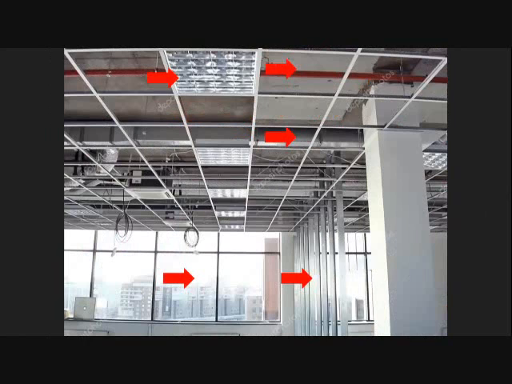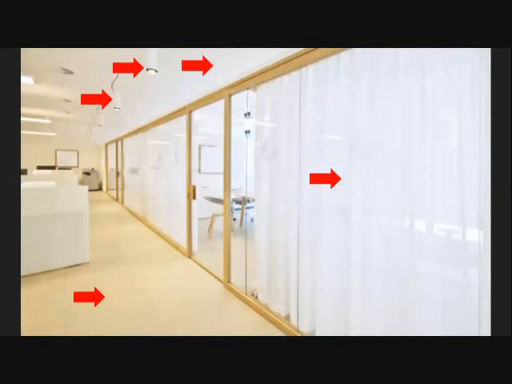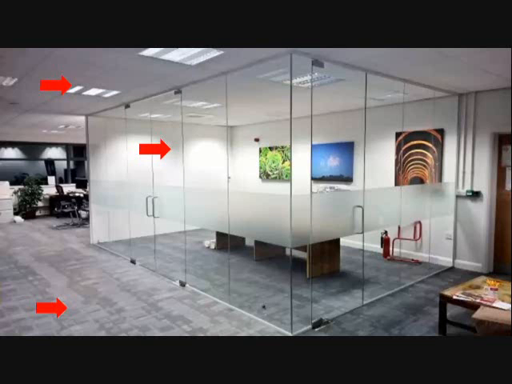This is also another example. This is a more lightweight example of wood and glass and tiles for the floor. Lighting, we can have different types of lighting and fixtures.